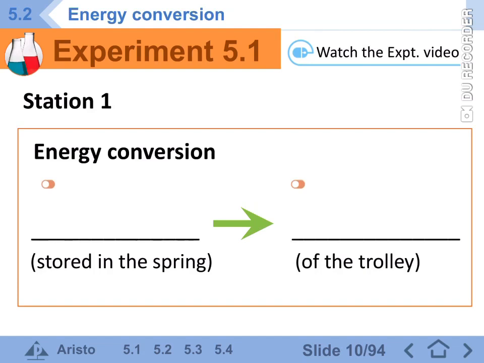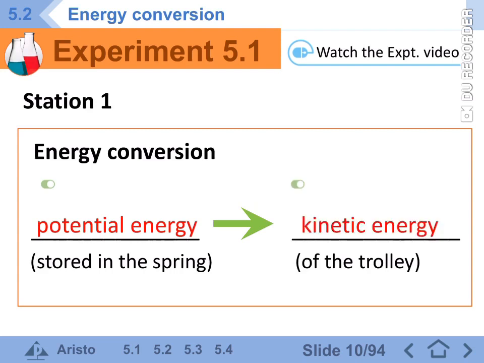So in here, what is being stored in the spring? And someone should know that is the potential energy, because you compress the spring, you're putting more and more energy into the spring, and when you release it, the trolley will move. So when you see something move, it's kinetic. Okay, so that's the first one.